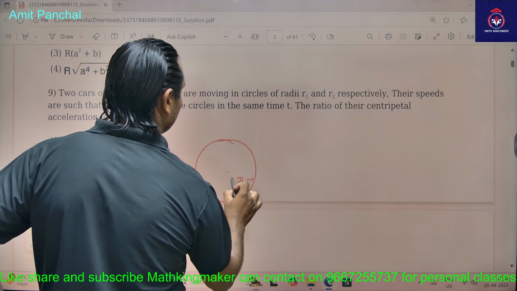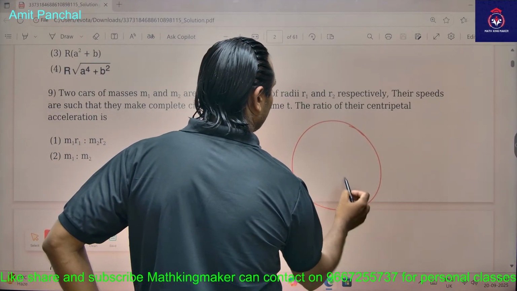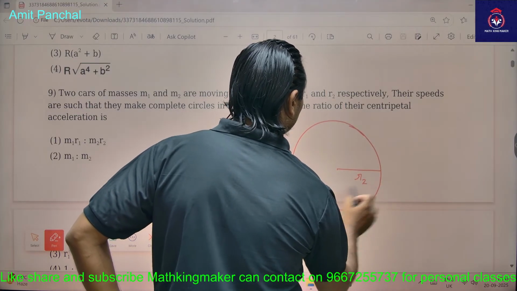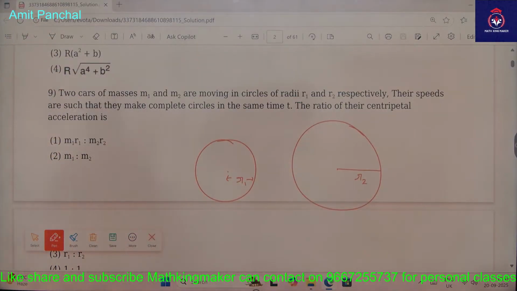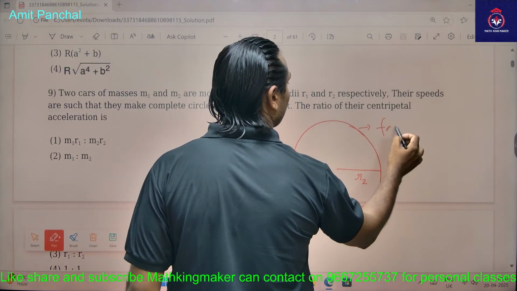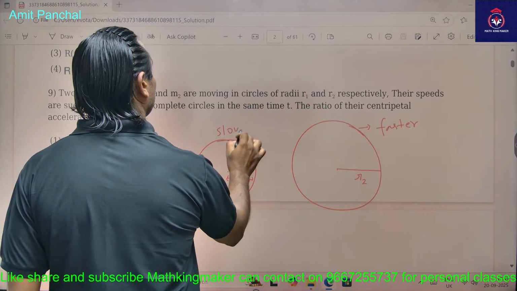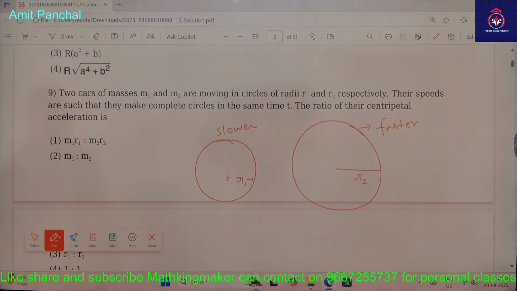The first car is moving in this circle. The second one is moving in this circle, a bigger radius circle. So if they complete one round in the same time, that means the second one is moving faster and the first one is slower.